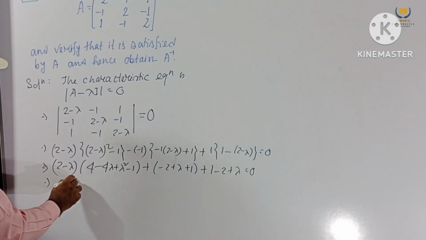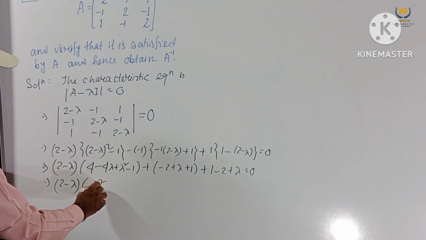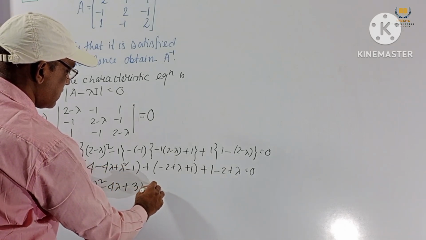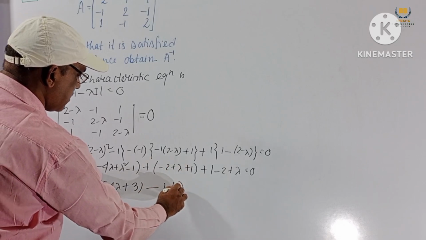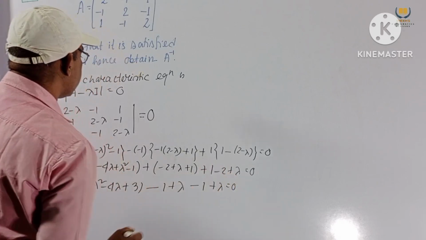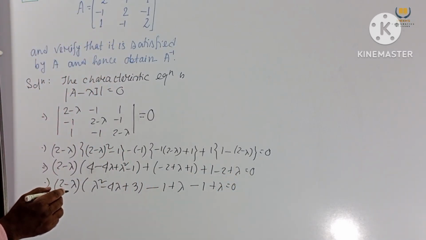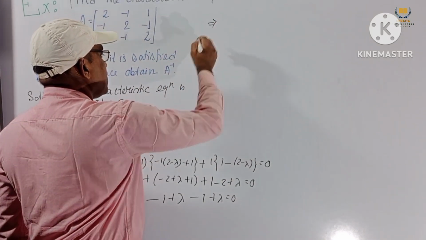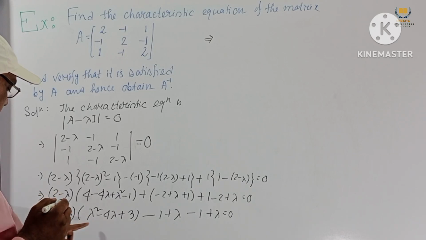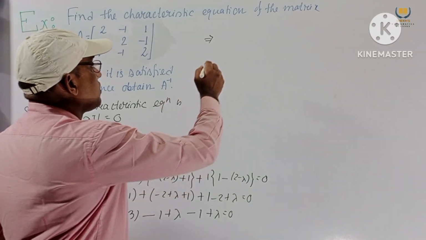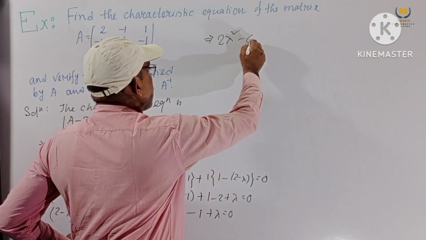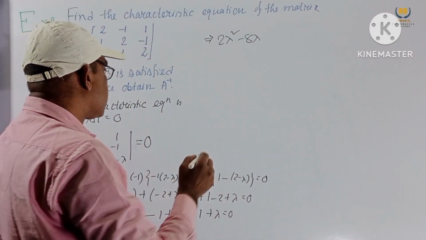So (2 minus lambda)(lambda square minus 4 lambda plus 3) plus (lambda minus 1) plus (lambda minus 1) equal to 0. Multiplying by 2 we get 2 lambda square minus 8 lambda plus 6.